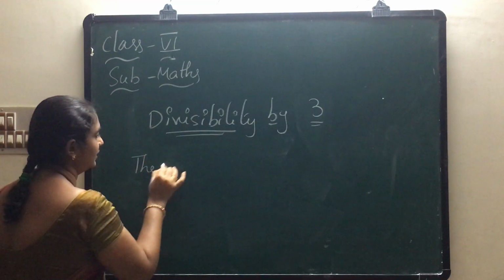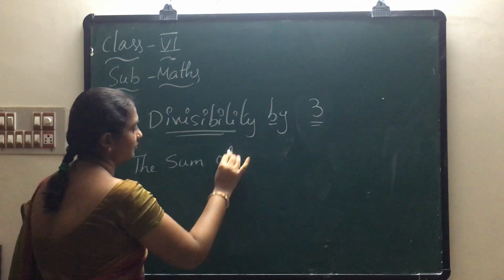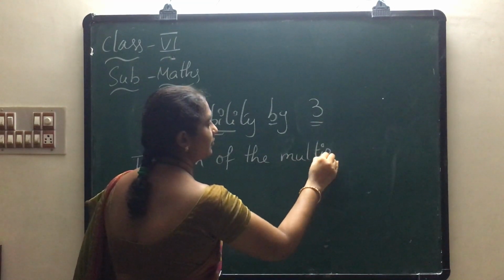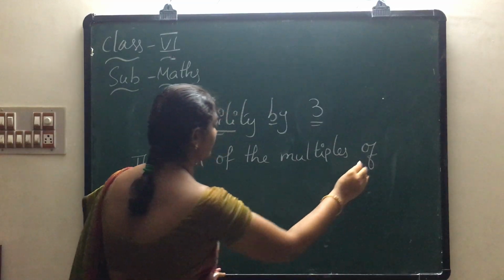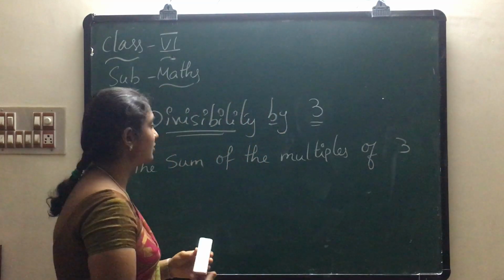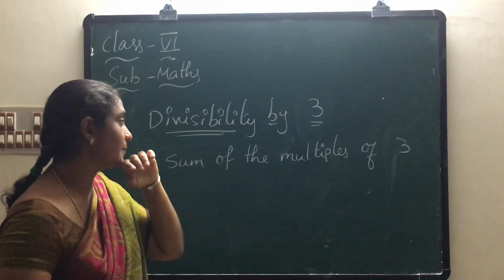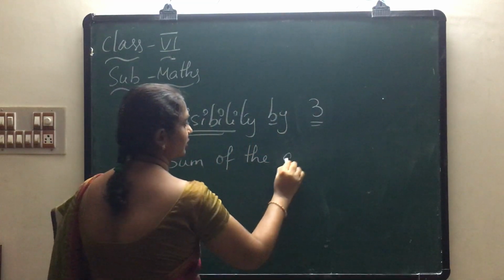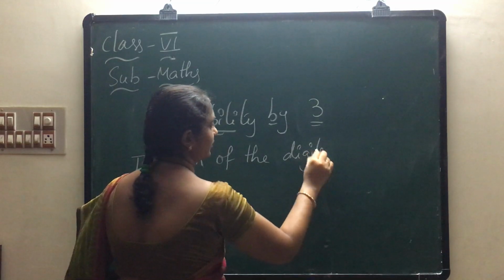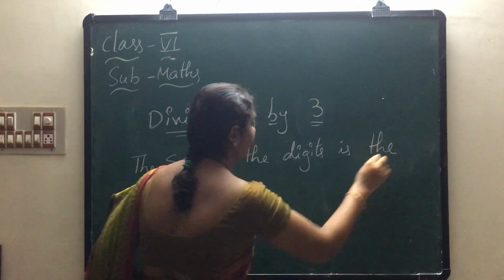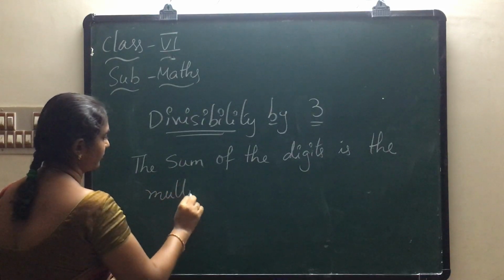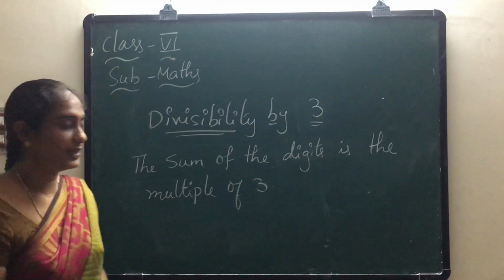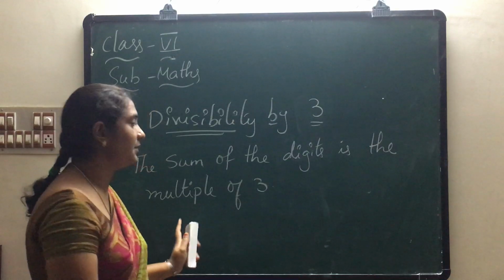The sum of the digits is a multiple of 3.